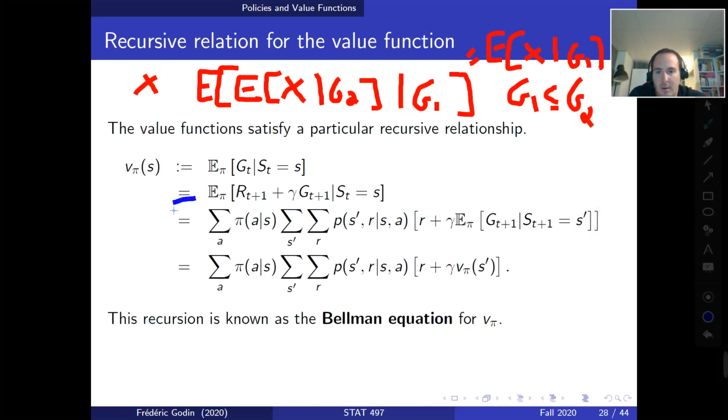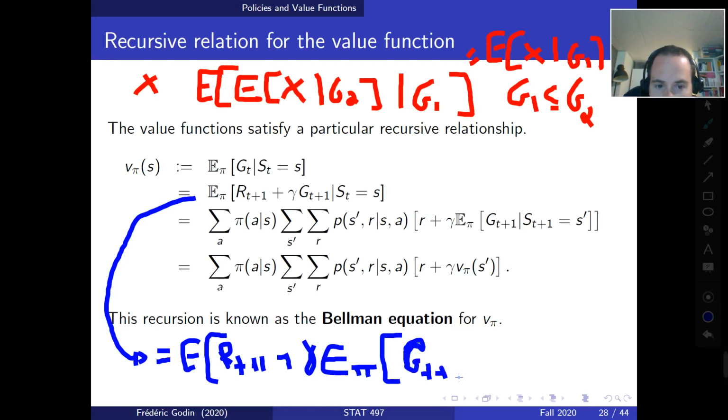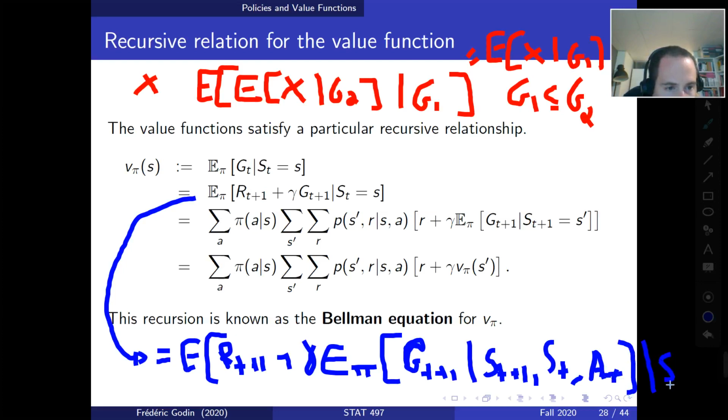This expectation can be shown to be equal to the expectation, I'll drop the subscript pi just to be simpler, of R t plus 1 plus gamma, here, like this, S t plus 1, S t, A t, here given S t.